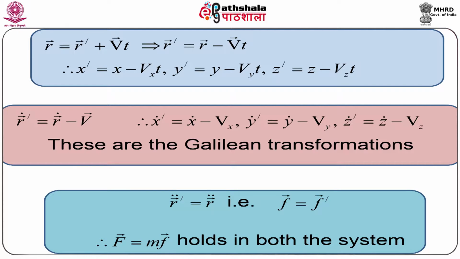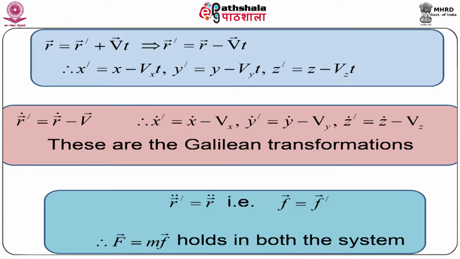From the vector triangle law, one can easily find that r vector is equal to r dash vector plus capital V vector into t. If we shift V vector t to the left hand side, then we get r dash vector equal to r vector minus V vector into t, t being the time.